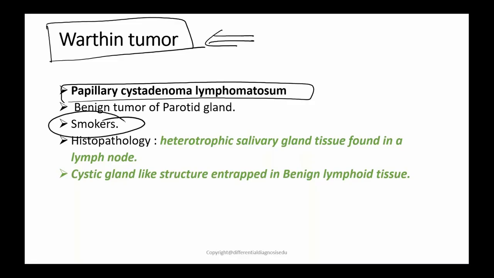In this tumor there will be no cartilaginous component. There will be only salivary tissue found in a lymph node: cystic gland-like structures entrapped in benign lymphoid tissue.